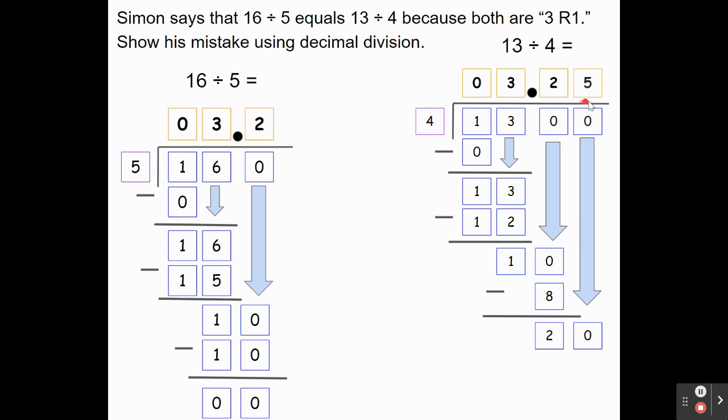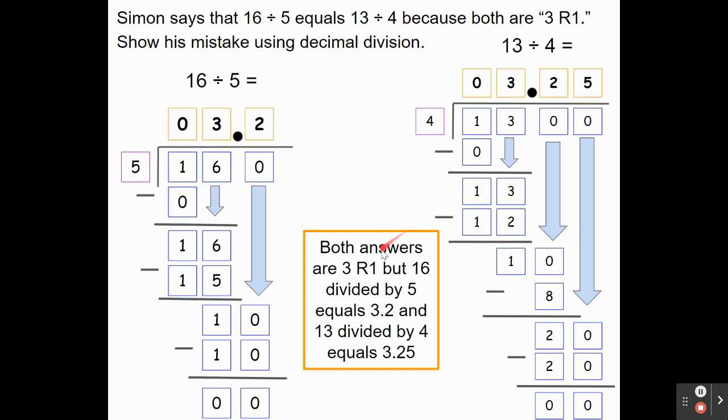Well, 5 times 4 gets us exactly 20. So if we have 20 hundredths and we're going to share all 20 hundredths, that means we have 0 hundredths left over. Since we're at 0, we know we are done dividing. So 3 remainder 1 in this problem can be rewritten as 3 and 25 hundredths.